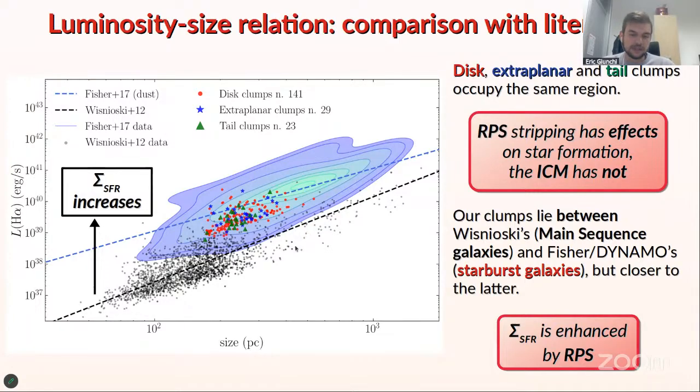And it kind of makes sense because ram pressure stripping could be able to compress the gas and therefore cause this enhancement in star formation rate. But at the same time, it's not a process as violent as a merger, that is the process that tends to trigger the starburst event. So it kind of makes sense that they lie in between, but still with a certain enhancement.